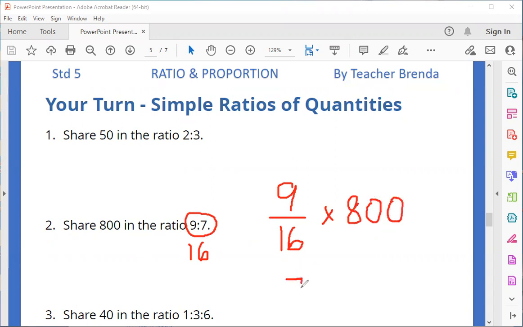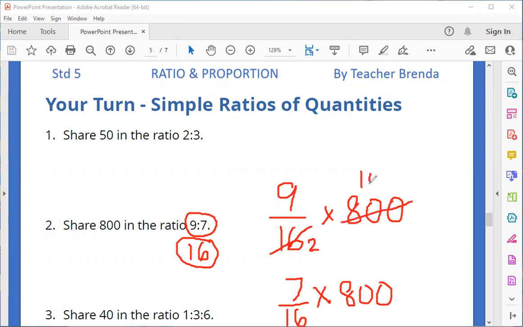And if I wanted 7 parts, I would have to take 7 over 16, the total, and again multiply it by 800. Work out the calculation. How does 16? You can divide by 8 and you get 2, and you divide by 8, you get 100, and then you divide by 2, you get 1, you divide by 2, you get 50.